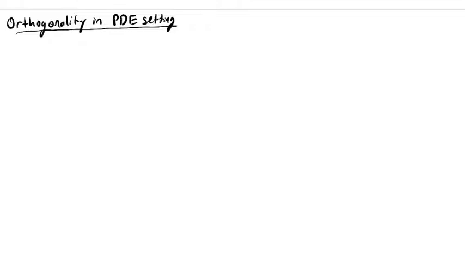It turns out that, let me write this as a theorem, although it's really just a calculation of some integral. Let me write Vn of x, just to remind ourselves what these eigenfunctions are.